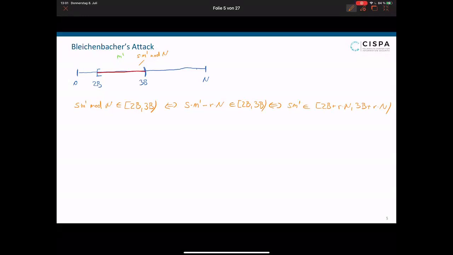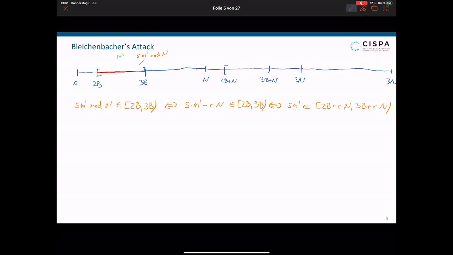And what does that mean for the picture? Well, for r equals 0, this is just this red interval that I've drawn. But for instance, if r equals 1, let's just extend our number line. Let's make it roughly proportional. We're here in 2B plus n, going further 3B plus n, right? And we can do that even further. So here we have 2n, here we have 3n.